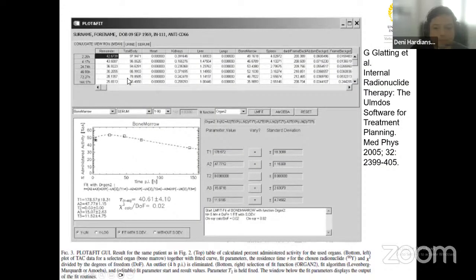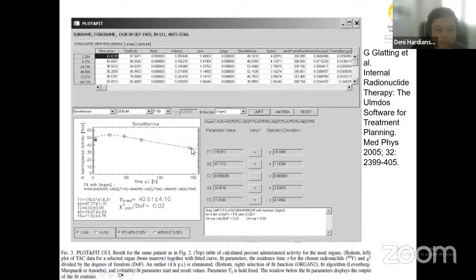So after we create the ROI, the region of interest, drawing the ROI from the patient organ, you will have this list of different organs, for example, the total body, the heart, the kidney, the liver, etc. And then you need to fit the data using a sum of exponential functions, for example.